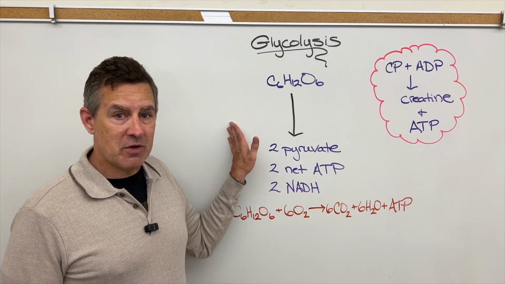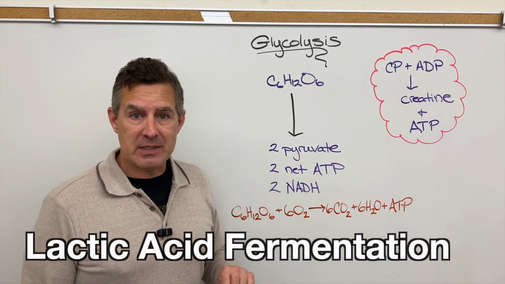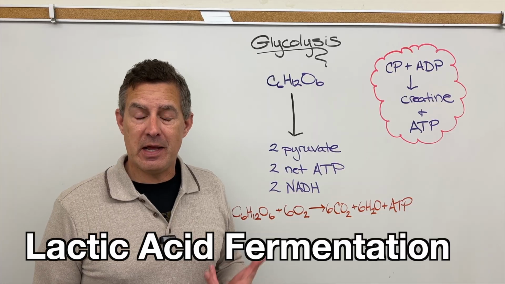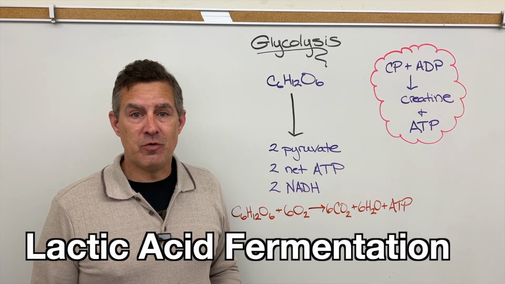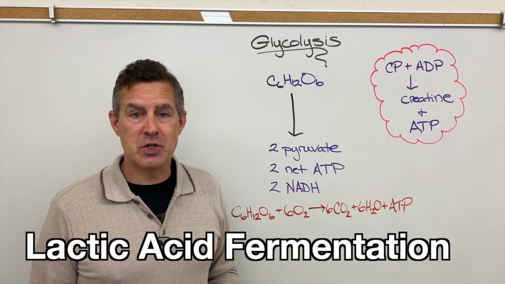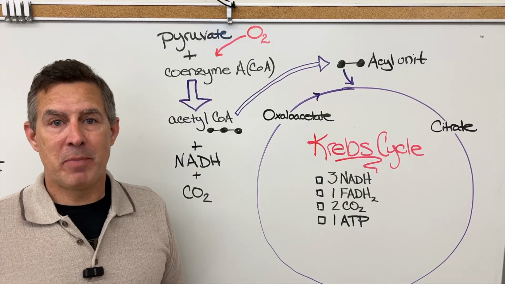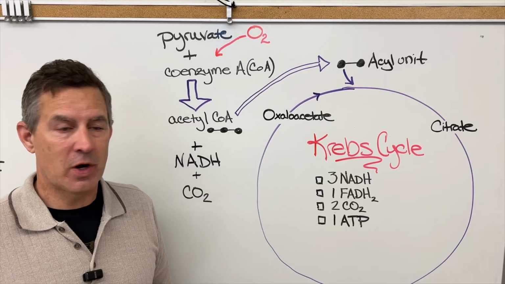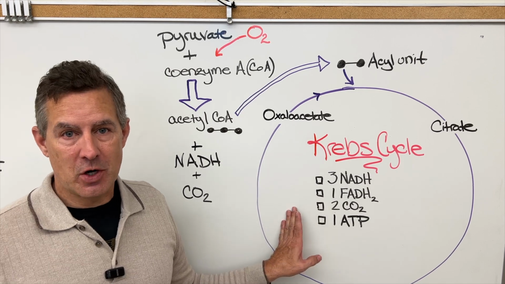In the absence of oxygen, pyruvate enters what's known as lactic acid fermentation, and I'll do another video on that at a later time. In the presence of oxygen, pyruvate is going to proceed towards the Krebs cycle. The Krebs cycle occurs within the mitochondrial matrix.